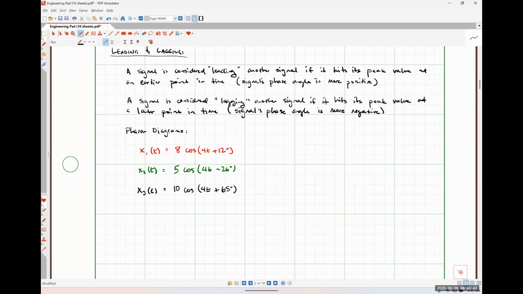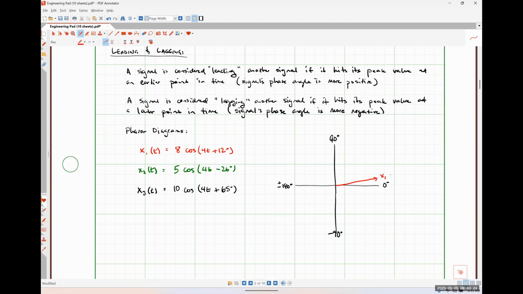So I could represent those guys on a phasor diagram by something like this. Where this corresponds to 0 degrees, here's 90, here's plus or minus 180, and down here is negative 90 degrees. Okay. So I could say that X1 has a length of 8 and a phase angle of positive 12, so it would be somewhere in this ballpark.